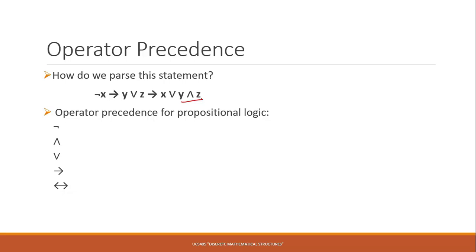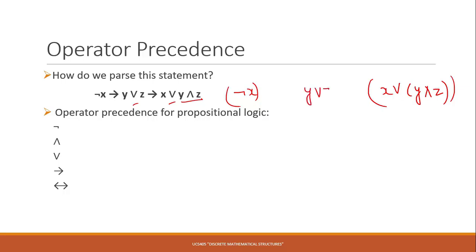Negation has the highest precedence and implication has the lowest precedence. So in this expression, we will perform negation of x first, then the and between y and z. After that, we will perform the or operation. Now there are two ors. These operators are right to left associative, so we will perform x or with y and z first.